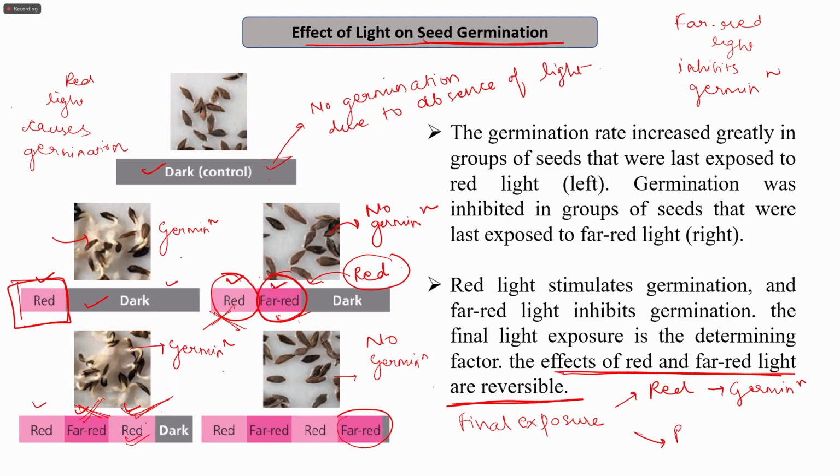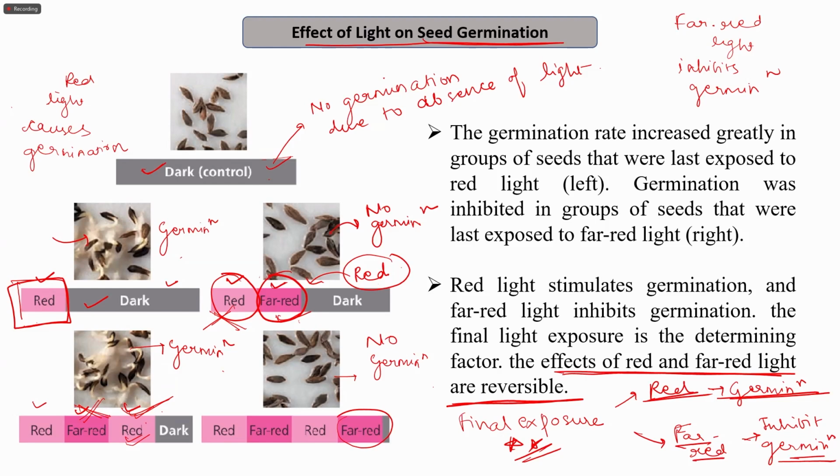And if the final exposure is far red light, then it will inhibit germination. This we need to remember. If the final exposure is red light, then the plant will show germination. But if it is far red light, it will inhibit germination. Right?